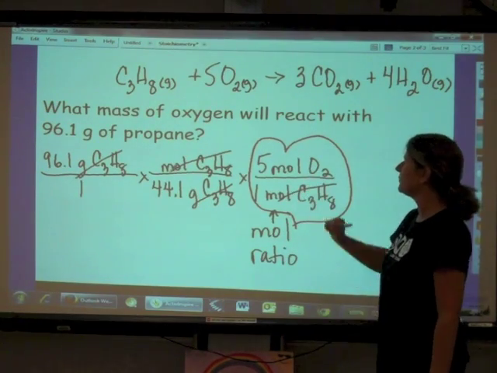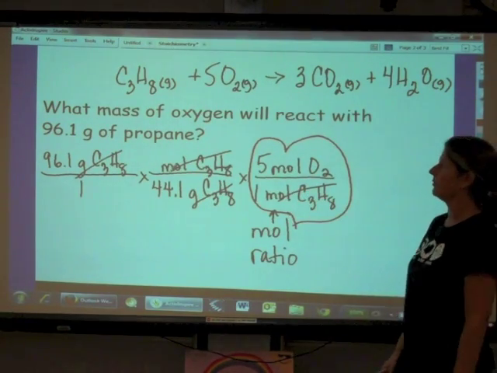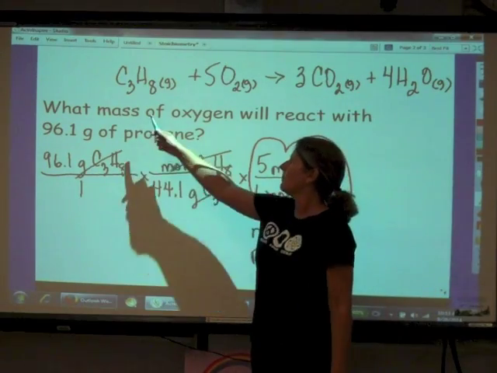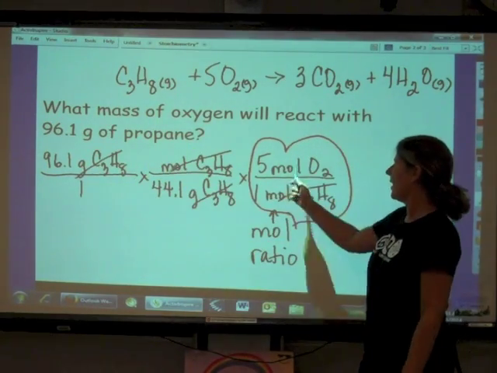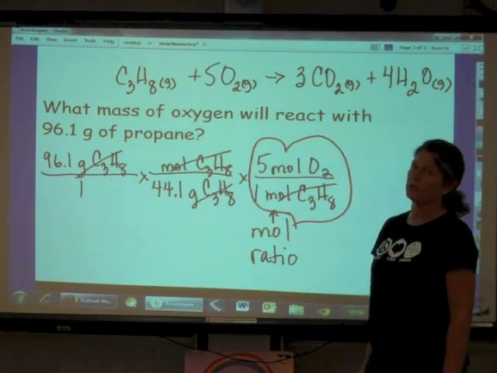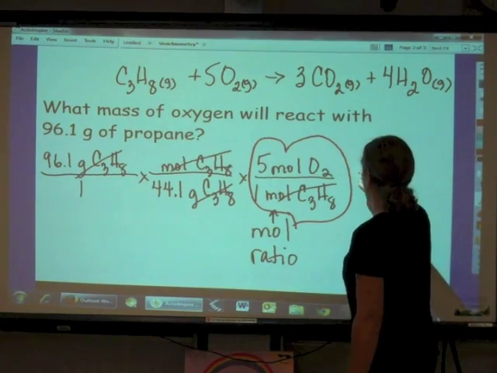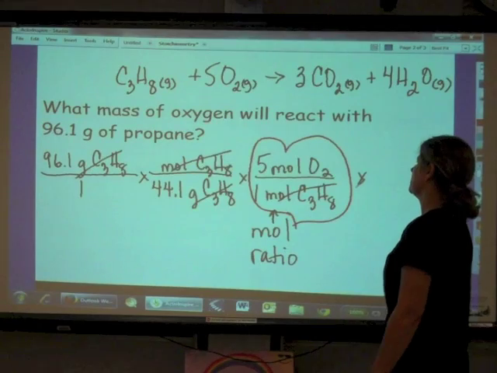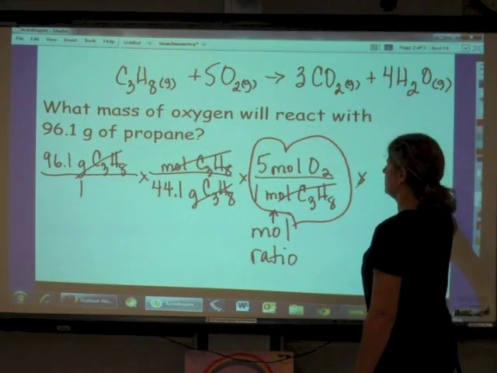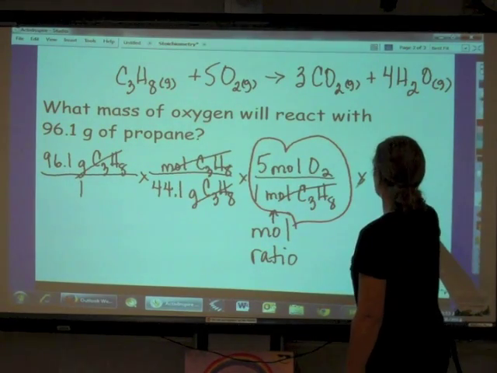But I'm not looking for moles of O2 in this problem. I am looking for mass of oxygen. So how am I going to go from moles of oxygen to mass of oxygen? I'm going to use molar mass. So 16 plus 16 is 32.